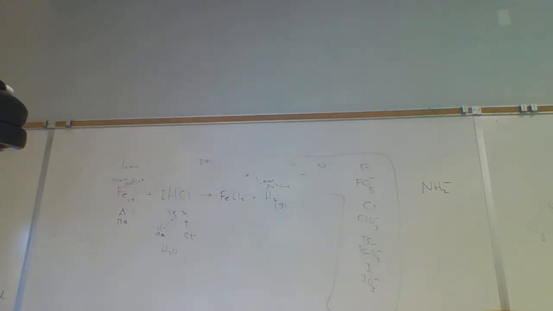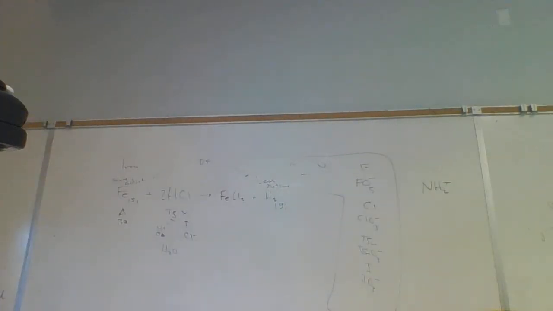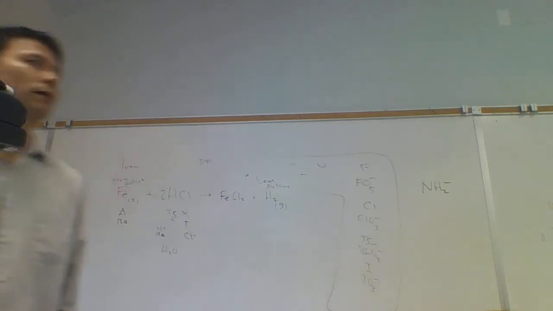You don't say, what's your biggest apple? Oh, my biggest orange is this. You don't do that. Iron is closer to lithium than hydrogen, so it's more active. Hydrogen is closer to fluorine than iron, so it's less active. Because fluorine's, no, fluorine's on the opposite side.